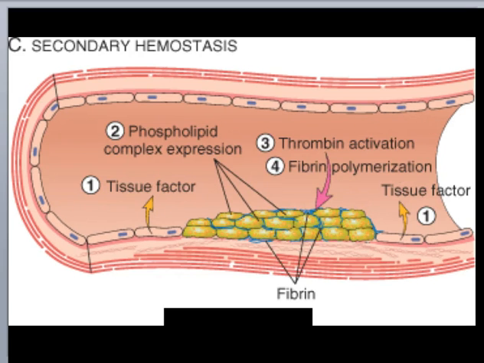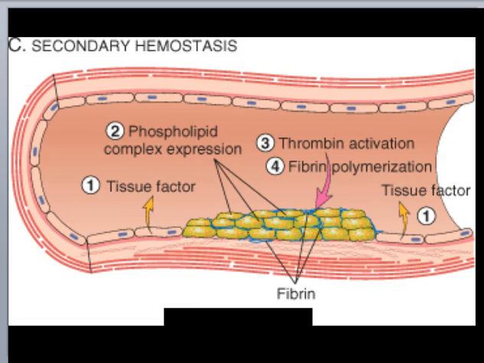The next step is secondary hemostasis, and this is where you have deposition of fibrin. So tissue factor is another protein that's exposed at the site of injury. This is a membrane-bound procoagulant glycoprotein that's normally expressed by subendothelial cells in the vessel walls, such as smooth muscle cells and fibroblasts. It's normally hidden by the overlying endothelium, and so it doesn't promote coagulation.